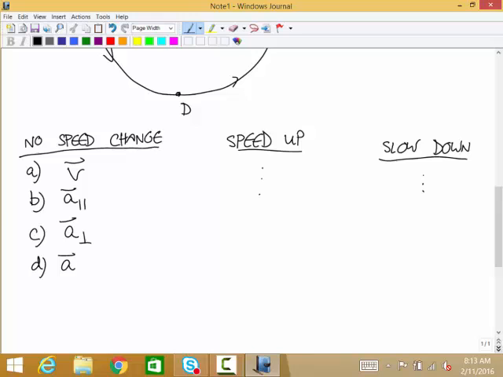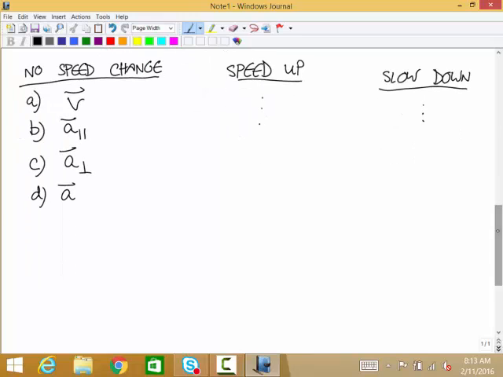Okay, so what's the one thing that is the same in all of these cases? Velocity. Well, velocity is the same. Okay, so there's two things the same. Perpendicular acceleration. Yeah. So two things are the same in all three cases.